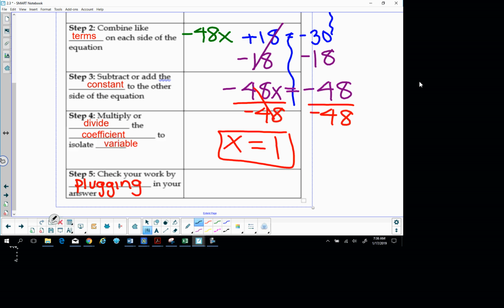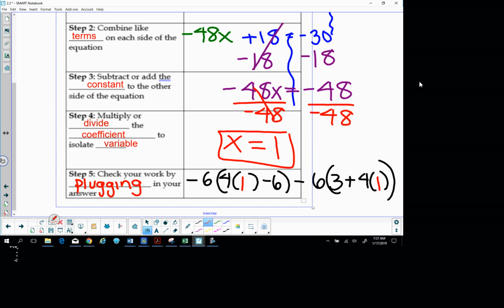So I'm going to rewrite the equation right here, which was negative 6, even with the parentheses, and then 4, and I'm just going to put a parentheses right here, minus 6, plus 3 plus 4. You can literally type that in your calculator, but instead of x, you're just going to put a 1. So type that into your calculator.